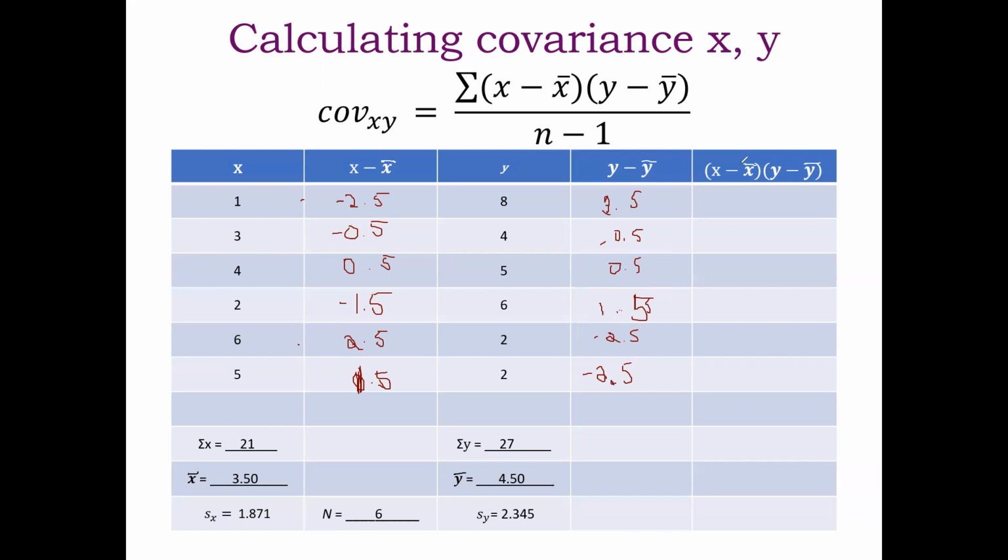Now we have to multiply the deviation of X times the deviation of Y. So negative 2.5 times 3.5 actually, equals negative 8.75.